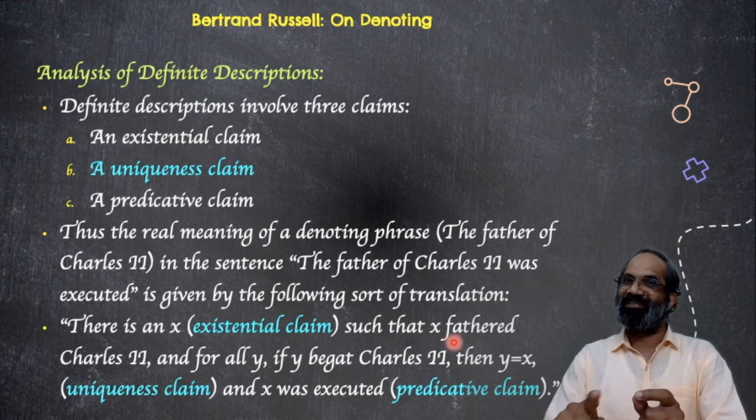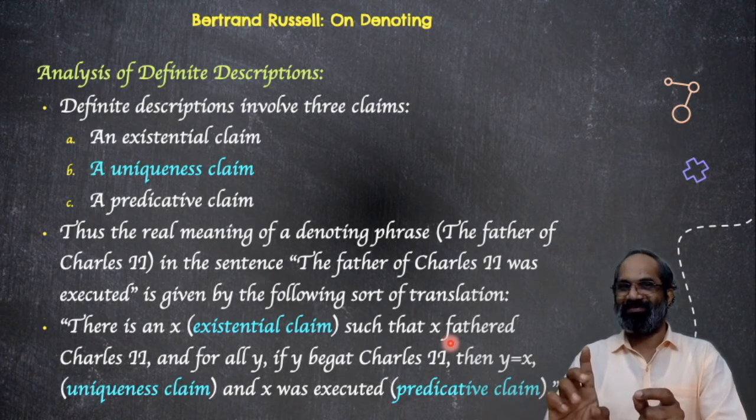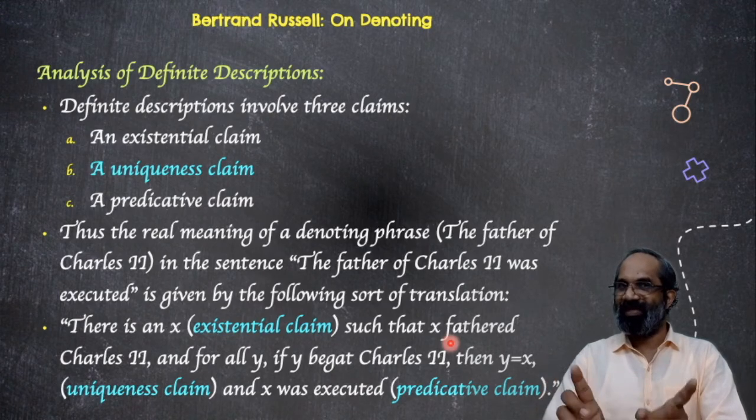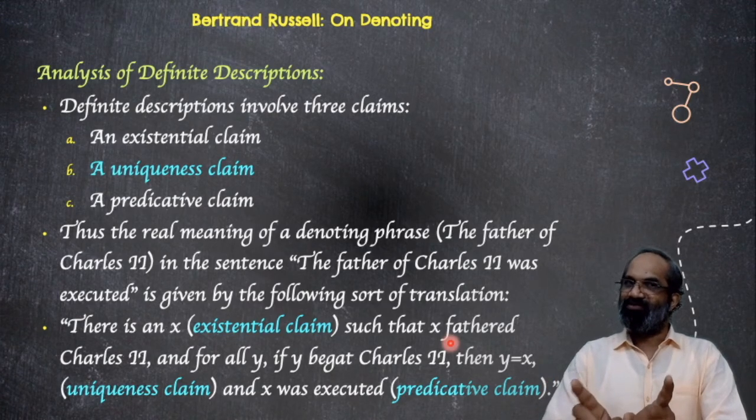And thirdly, the predicative claim: that father was executed. So "the father of Charles II was executed" has three claims. There is a father for Charles II, there is only one father for Charles II, and that father was executed.